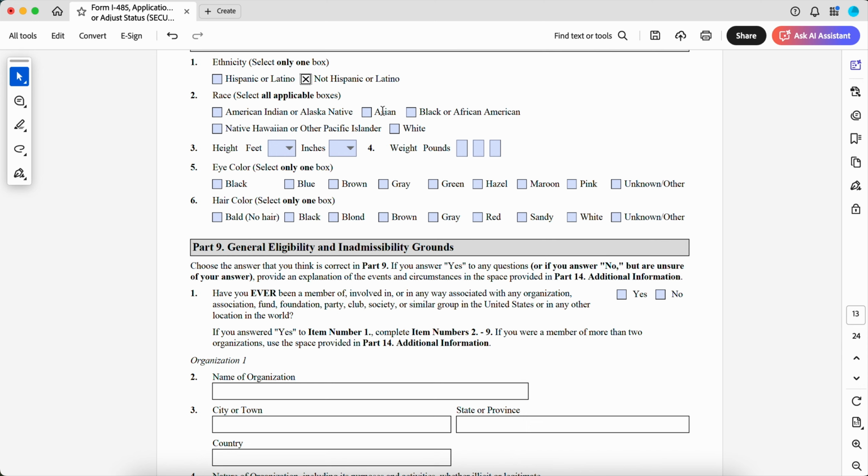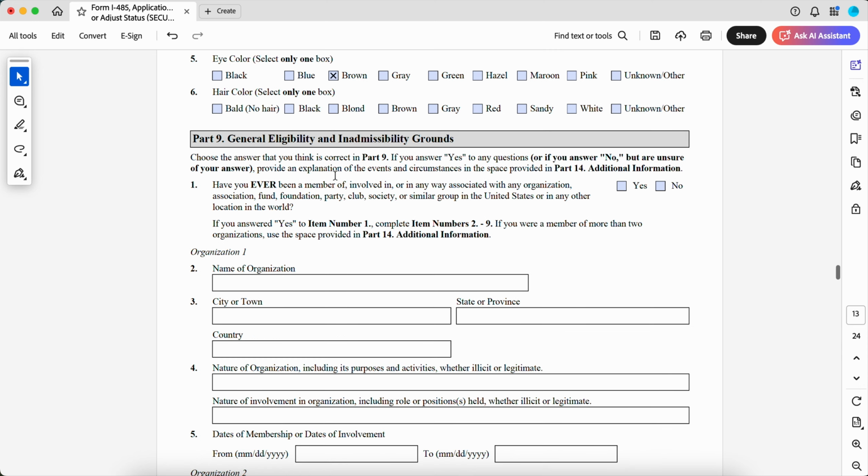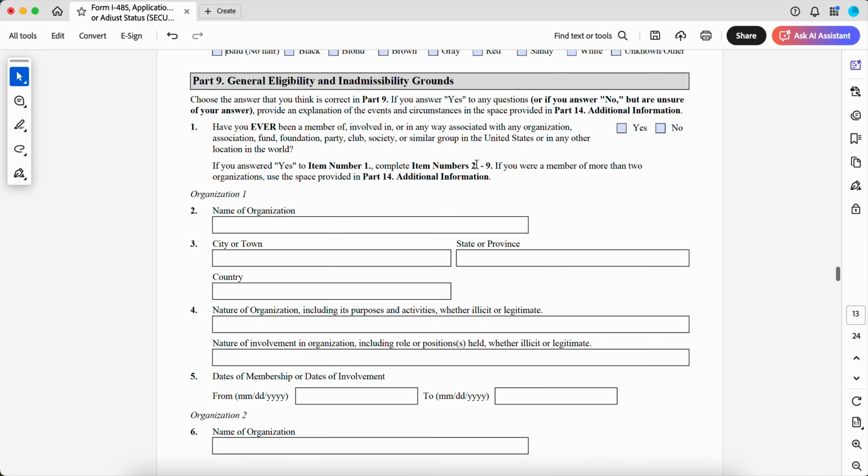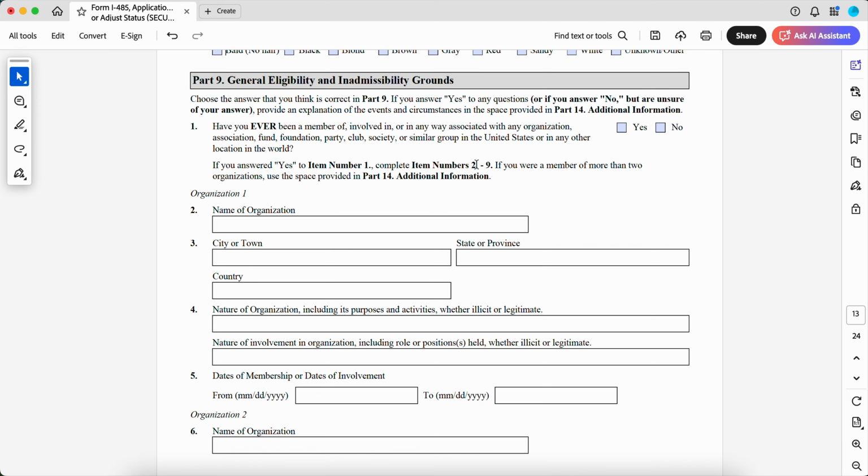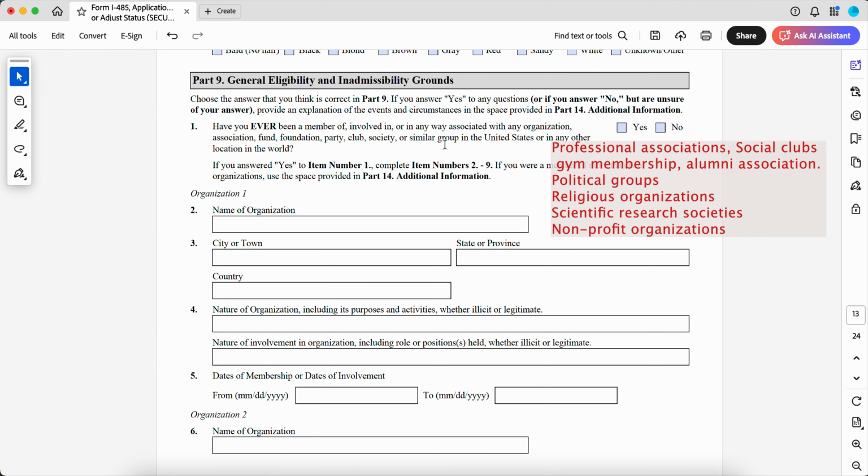This is the part where you have to answer truthfully all the security questions. Have you been a member of, involved in, or in any way associated with any organization, association, fund, foundation, party, club, society, or similar group in the United States or any other location in the world?